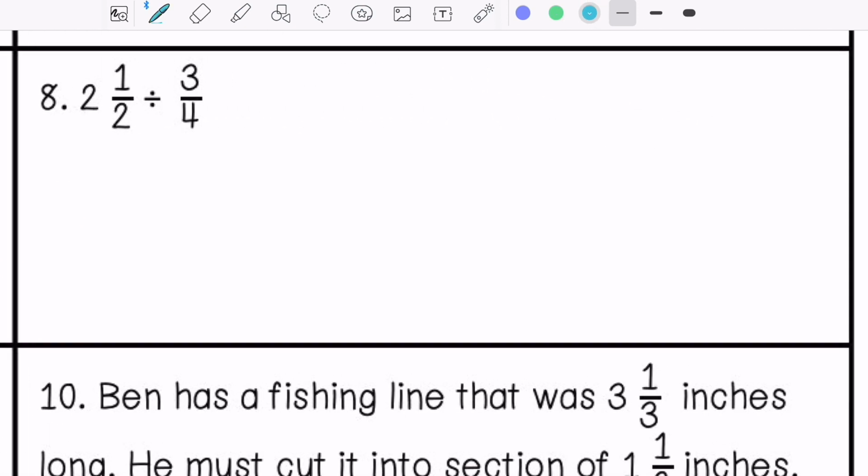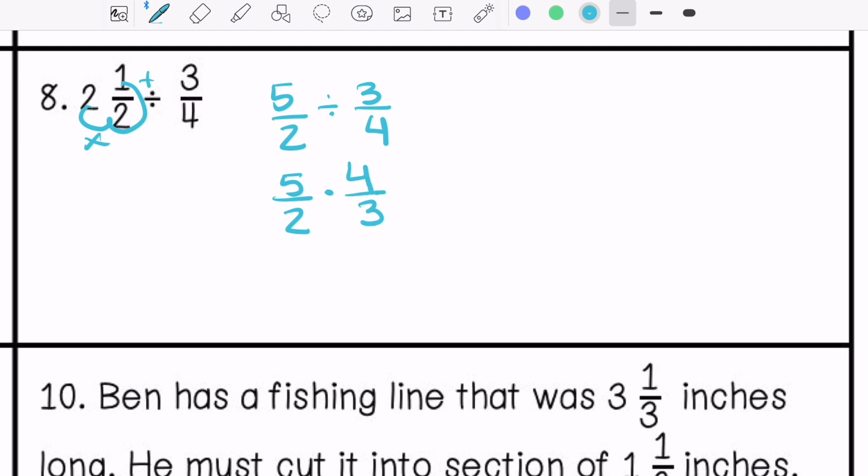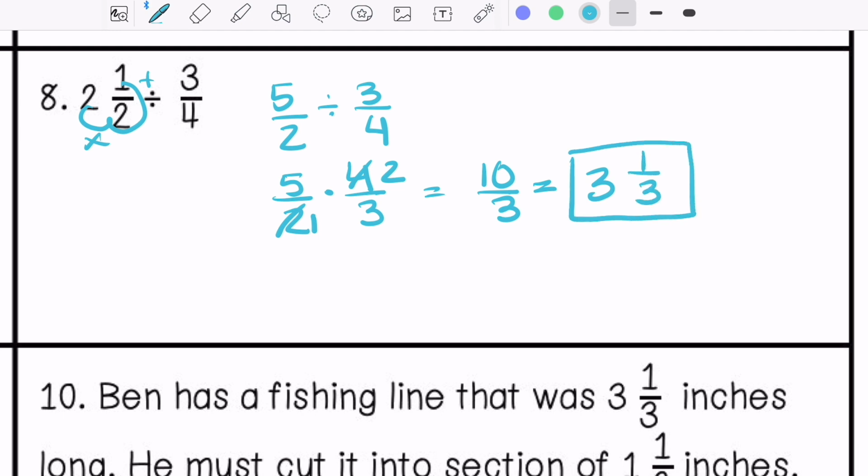Number 8, 5 halves divided by 3/4. Keep, change, flip. Greatest common factor between these is 2, so we have 10 over 3. And 3 goes into 10 3 times with a remainder of 1, so 3 1/3.